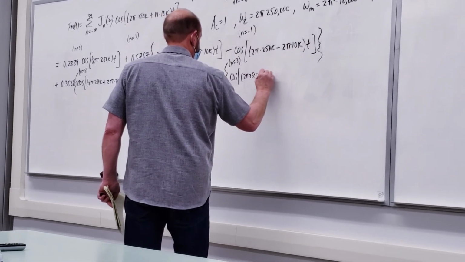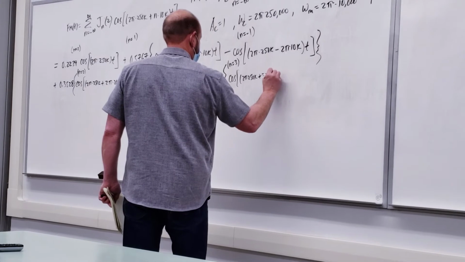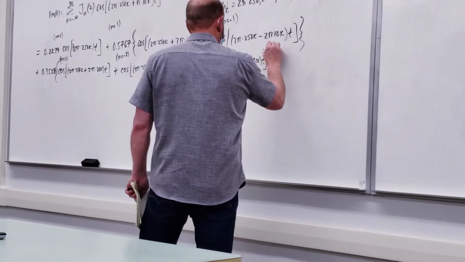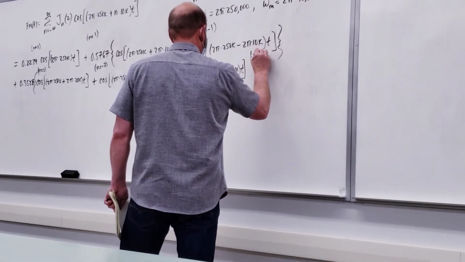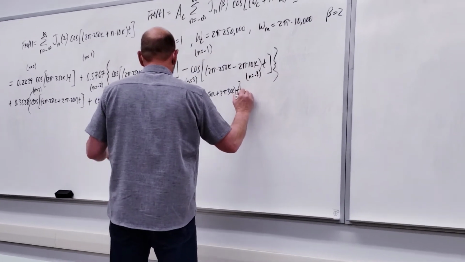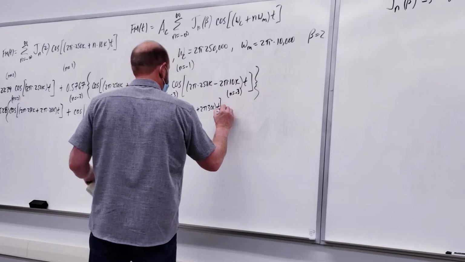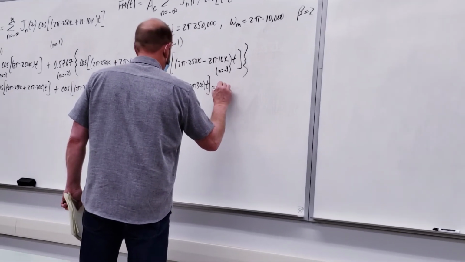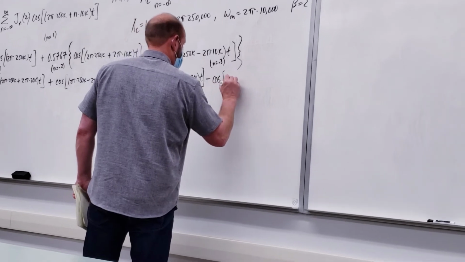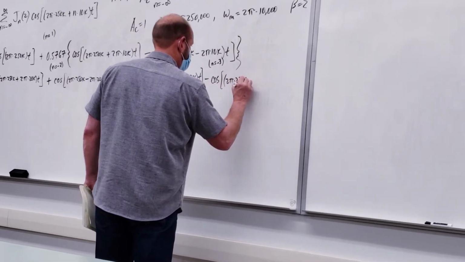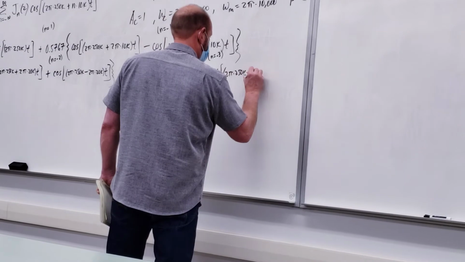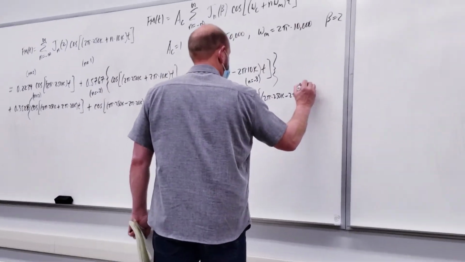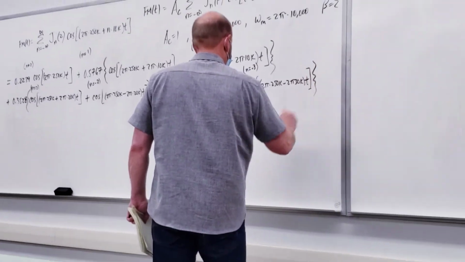Plus 2 pi times 30k. And for the n equals minus 3, the minus 3 ends up being a minus this time here. Cosine 2 pi times 250,000 minus 2 pi 30k t.